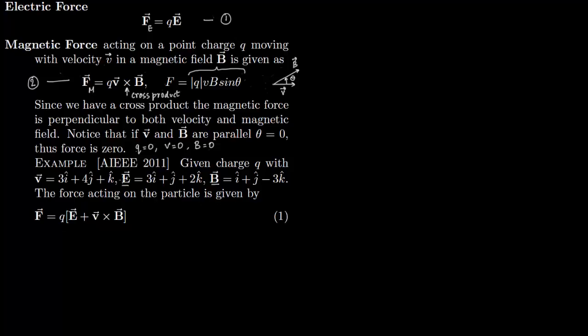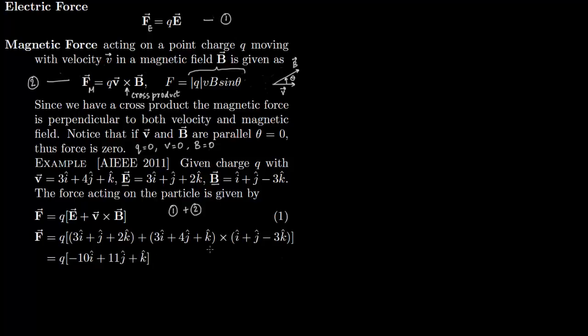So you add these two forces, and you take charge q common outside, you get q times bracket E vector plus cross product of velocity with the magnetic field. You plug in the three values. If you know how to compute a cross product and add two vectors, this is very easy. You just get the force vector.